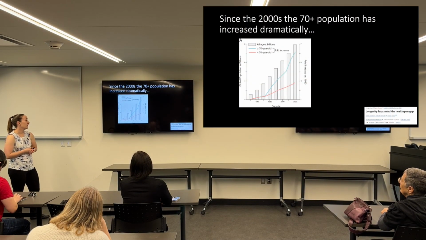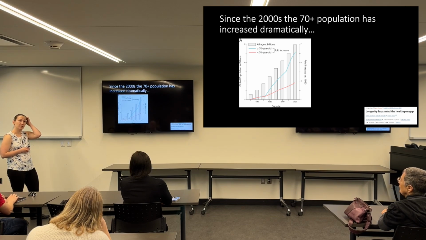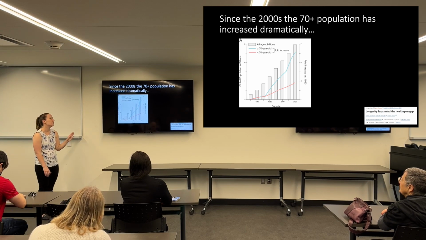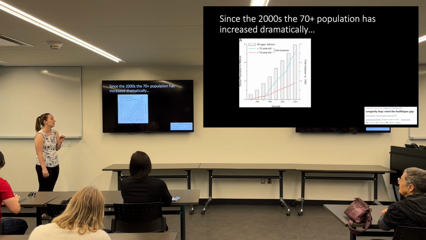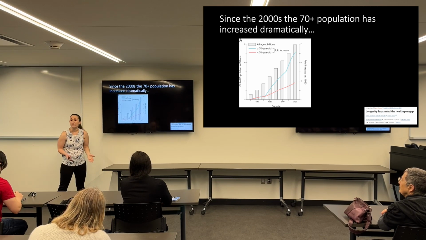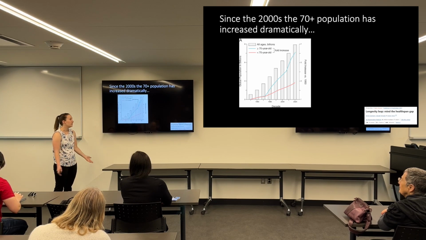One thing you have to consider when you study aging is the population dynamics as a whole. This graph is showing you two different pieces of information. In the white bar graphs, you're looking at just the global population. No question about it, the number of people on Earth is increasing.